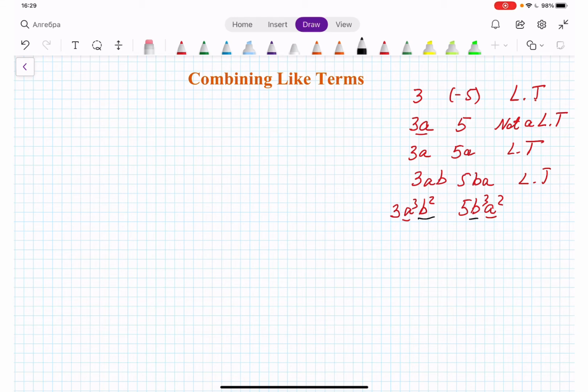So if we have letters, meaning variables, they have to be the same variables for both terms. And if a variable has a degree, then the degree also has to be the same. Which means if I write down x squared, for example, and I write down x cubed, they are not like terms because one is a square, one is a cube.